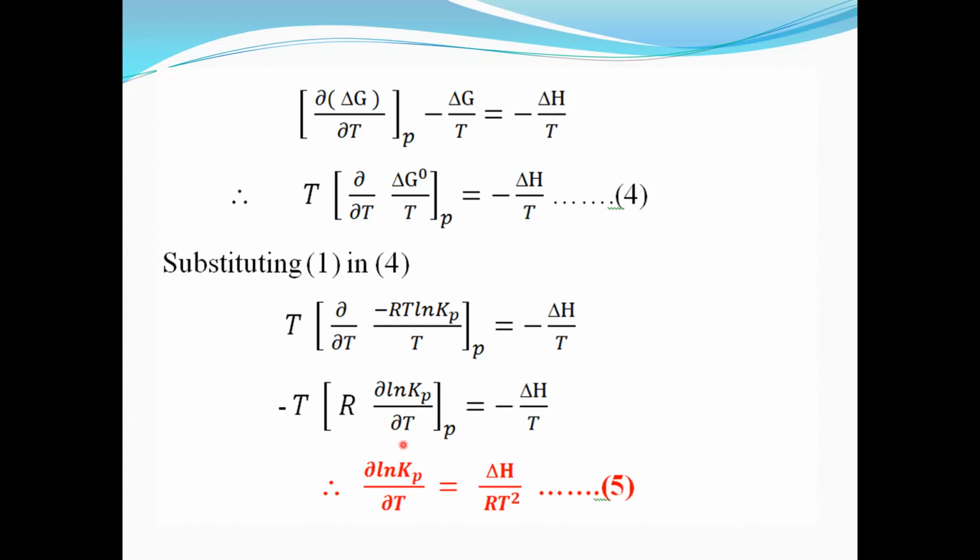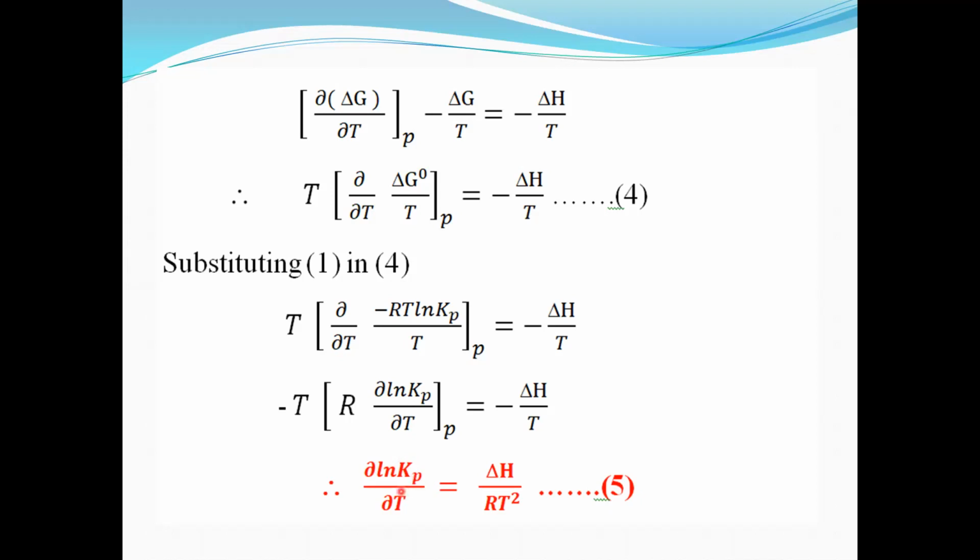Kc means concentration: K is constant, c is the concentration. Kp, K is also constant, but p is the partial pressure. So it is also an equilibrium constant, but in terms of partial pressure. Kc is also an equilibrium constant, but in terms of concentration.